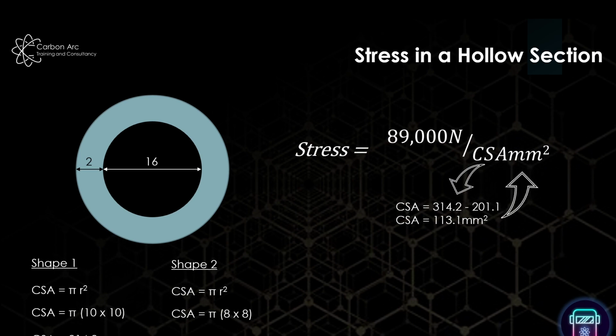Drop that back into our equation. And here I've dropped the newtons just because if I keep it at 300, the value is colossal and isn't really normal. So here is our new stress, UTS, of 786.9 newtons per millimeter squared.